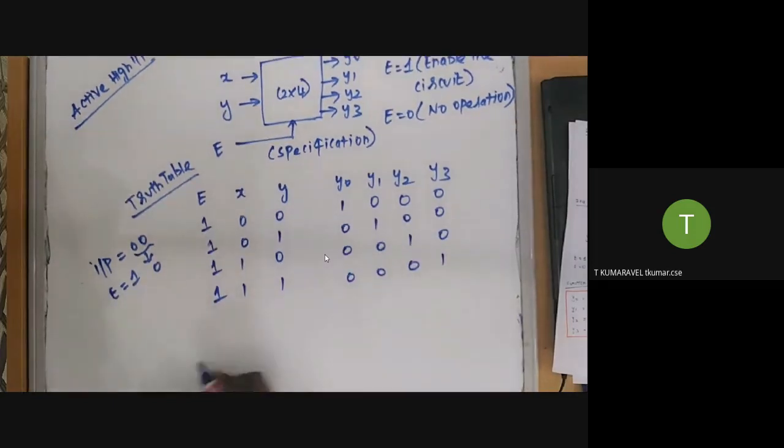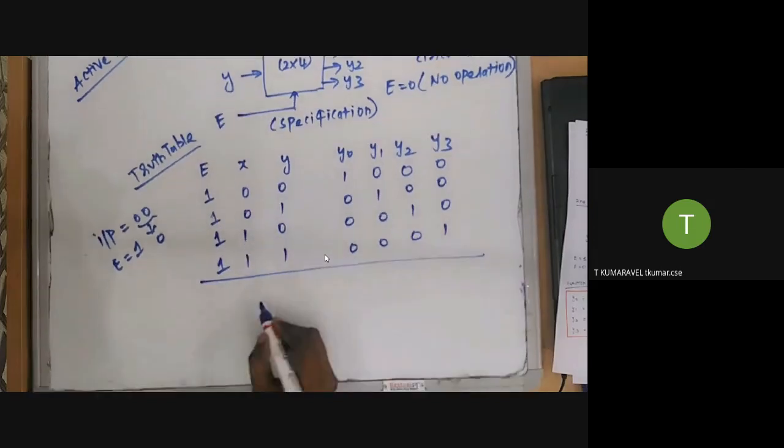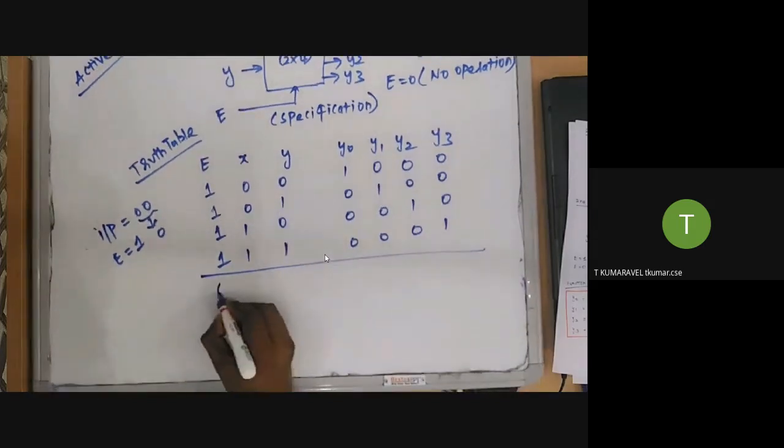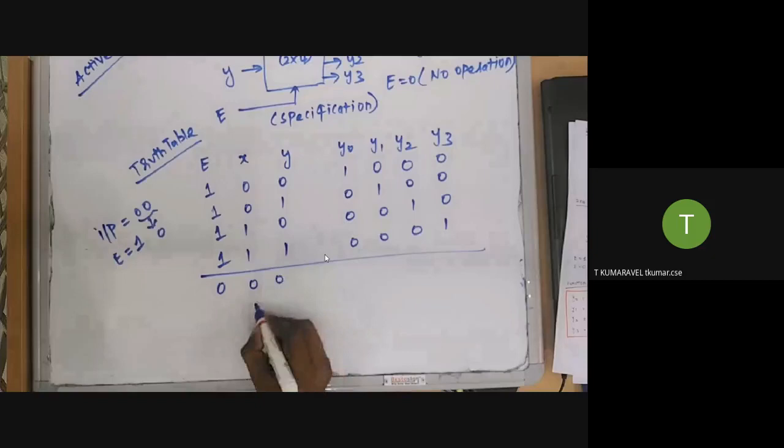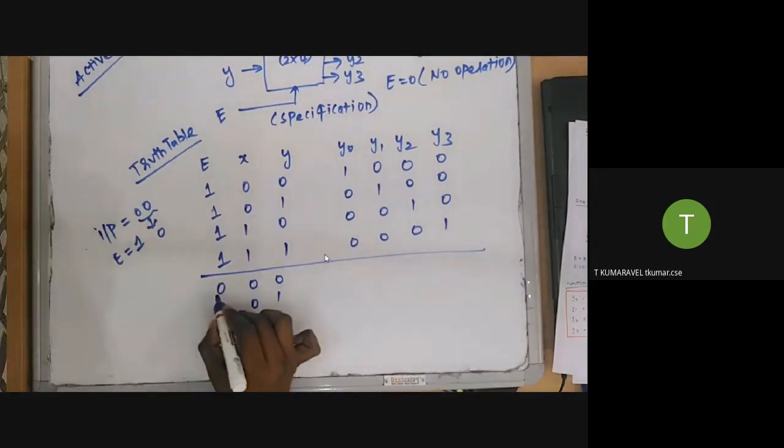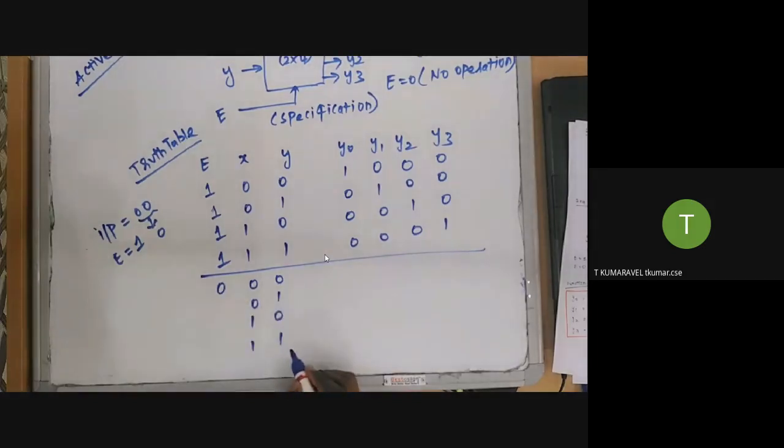Suppose, sir, instead of 1, I provide E as 0, with the same combinations, 0 0, 0 1, 1 0, 1 1. Whenever you provide E equal to 0, you turn off your decoder.